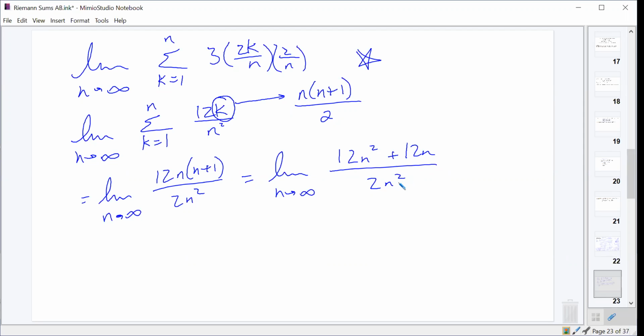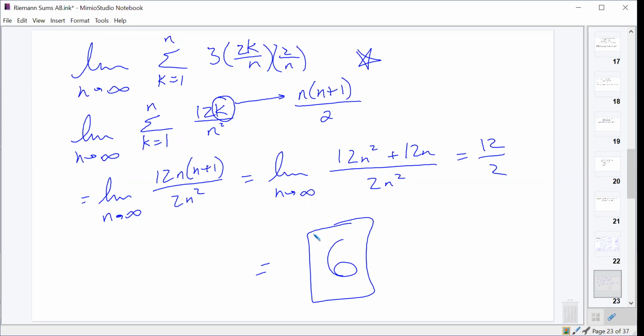So if we're looking for the limit as we approach infinity, what was the simple way to do that? You divide the leading coefficients, which gives us 6.